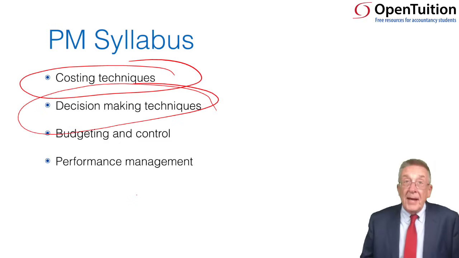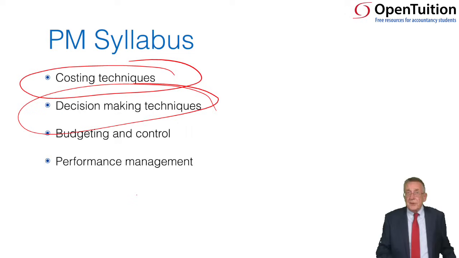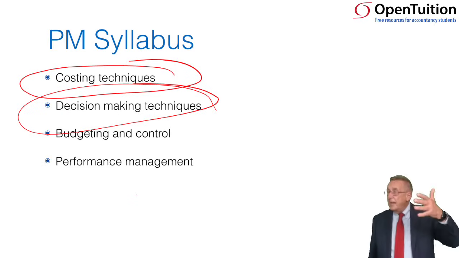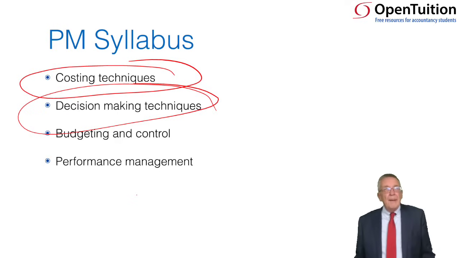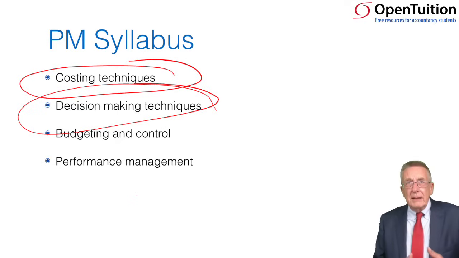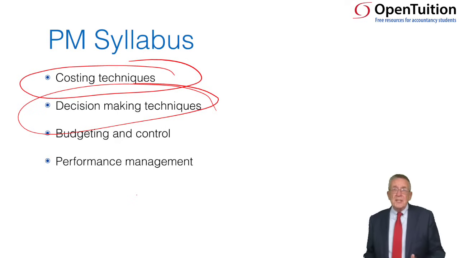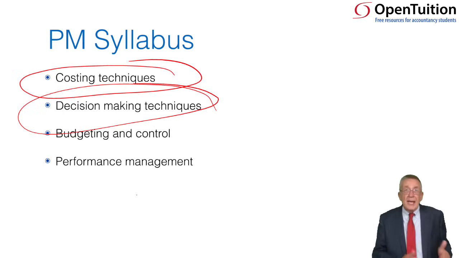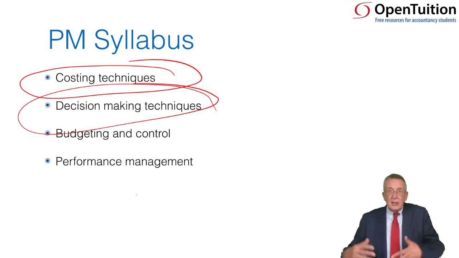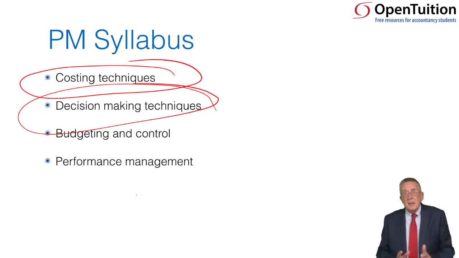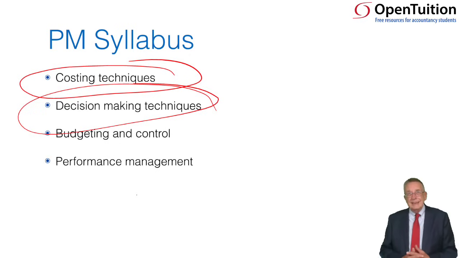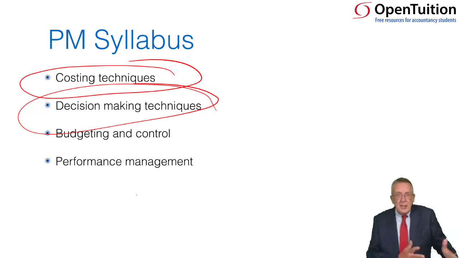The second area, decision-making techniques. And again, this covers all sorts of individual areas. But something some of you may have heard of from university, linear programming, where maybe we make 2 products that use the same material. I make desks, I make chairs, and they both use wood. We can sell lots of both of them, but the problem is this year there's only a limited amount of wood available. What shall I use it for?